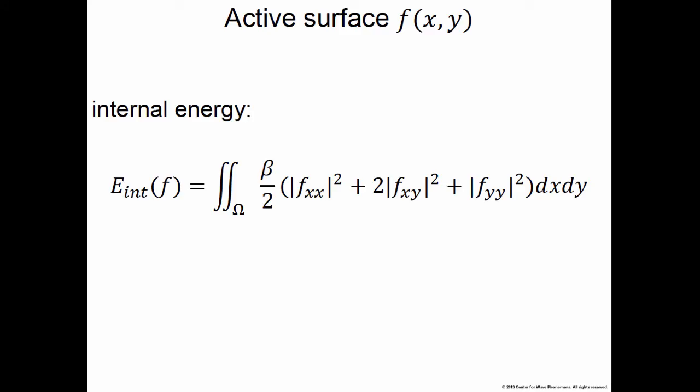In our active surface method, we also define an internal energy, but by using the surface curvature term, as I showed before. This term can preserve the original shape of the surface and can make the surface smooth.